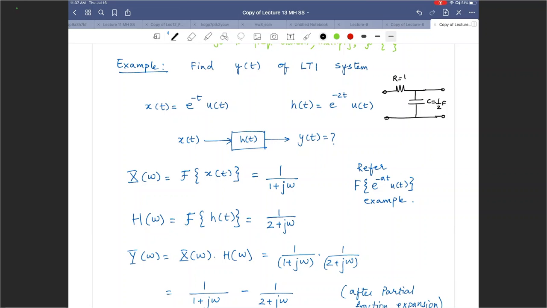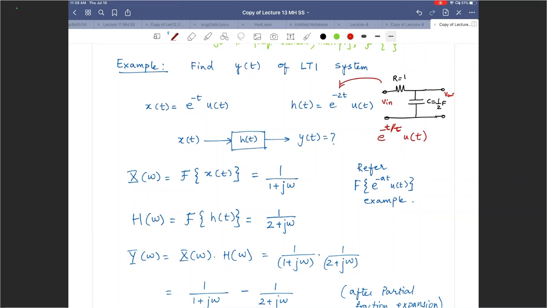And this is my input and output, right? That will give you this impulse response, e to the minus t u of t. And I know that because e to the minus t divided by tau u of t, right? So I know the response based on the decay.